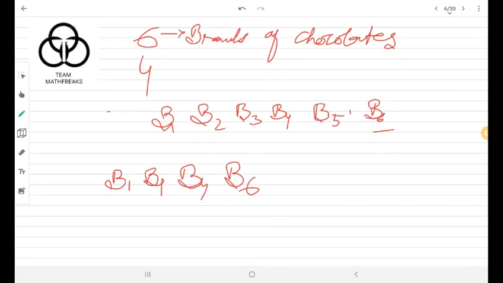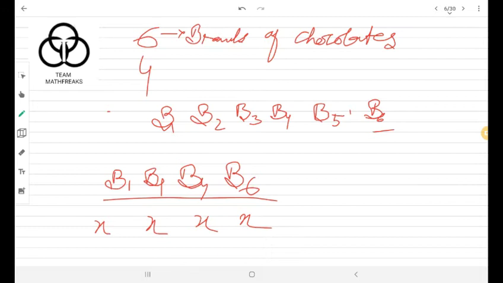Now there are some empty brands. Let me denote the chosen chocolates by X, X, X and X. There are some empty brands from where we are not selecting any chocolates.